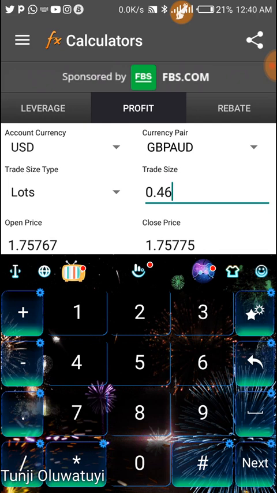Why? Because we are risking only 0.5% of that account. In other words, we are not risking any more than $25. So the appropriate lot size, since we don't want to lose more than $25, is going to be 0.46. All right, so we want to use that information to calculate what our profit is going to be in dollar terms.